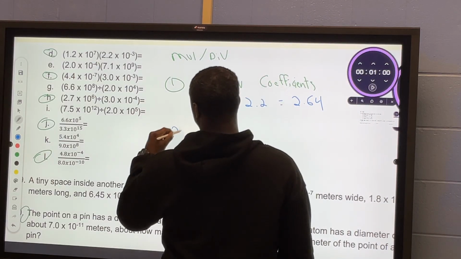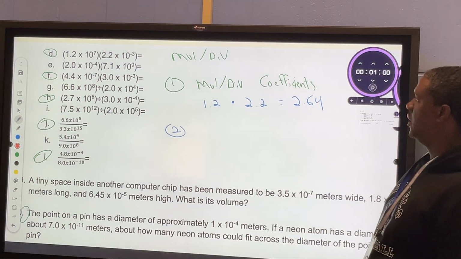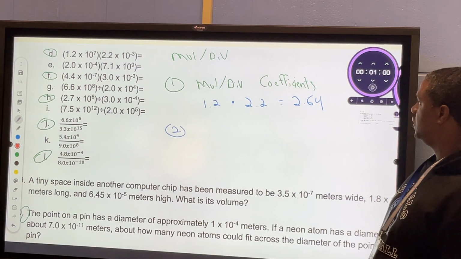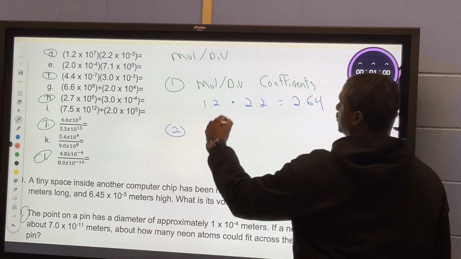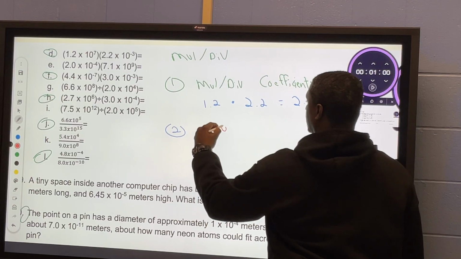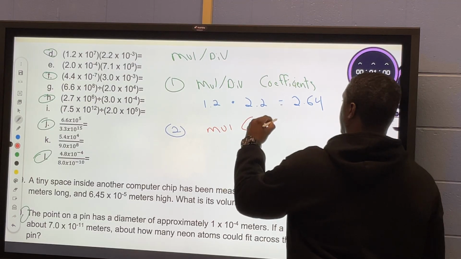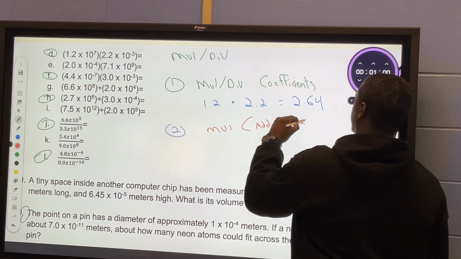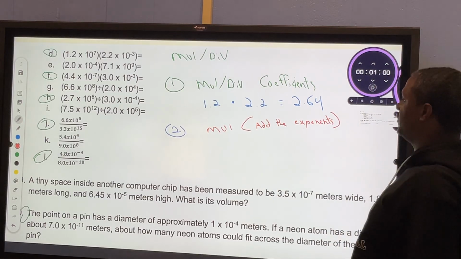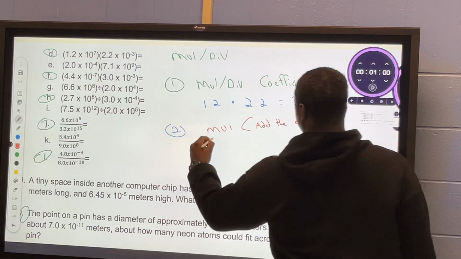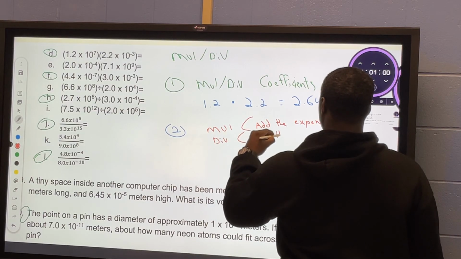Go to step 2. Since we're multiplying, we have to add the exponents. For multiplication, we add the exponents. For division, we subtract the exponents.